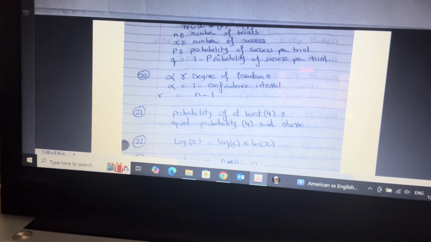So for example, if you have a coin and you are going to throw it for 5 times, what is the probability of success for 3 times as a two? First, you need to calculate each term. The number of trials is 5.